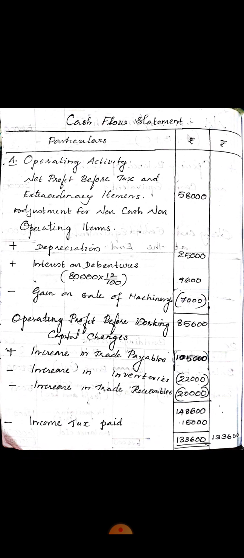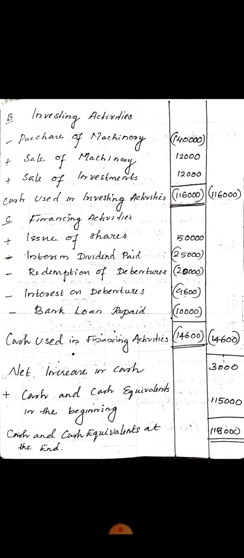Then increase in inventory and increase in trade receivables are deducted from operating profit before working capital changes. Amount after adjustment is 1,48,600. Next, deduction of income tax paid. Income tax paid is rupees 15,000. Net amount after adjustment 1,33,600 is the cash from operating activity.